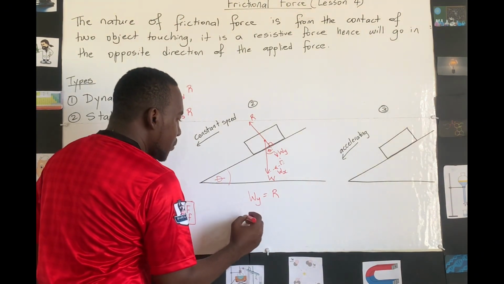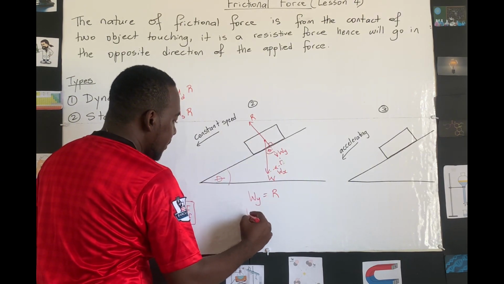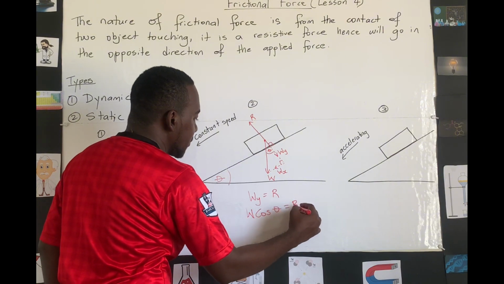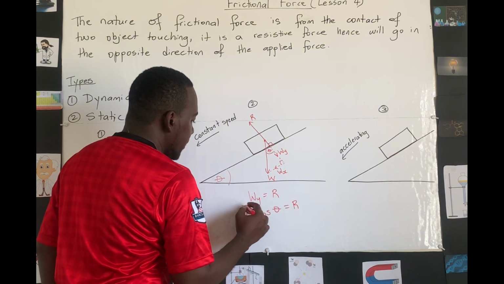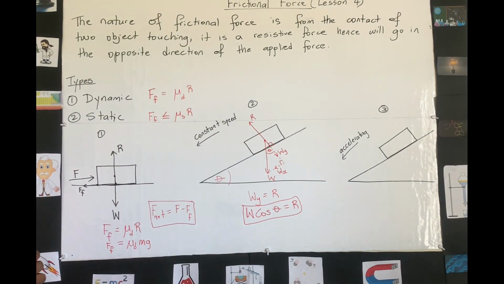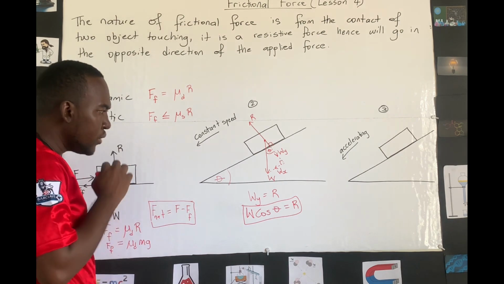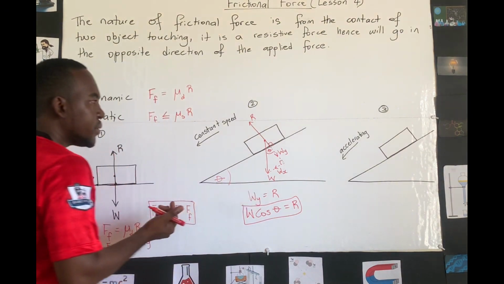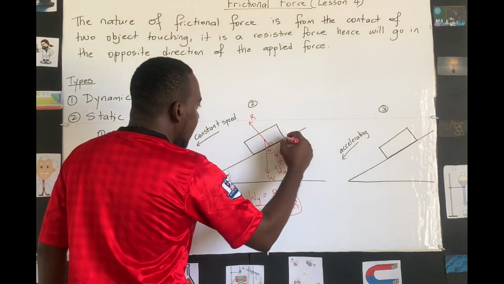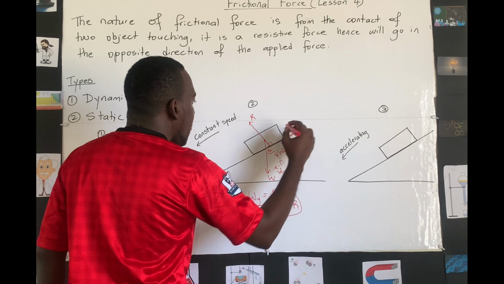So that means if we replace WY, W is adjacent to the angle, so that would be W cos theta equal to your R. So this is one relationship that we will use in future references. Now, if we notice what is pulling down this object, the WX is pulling it down, so hence we have a frictional force that's trying to pull it back up.